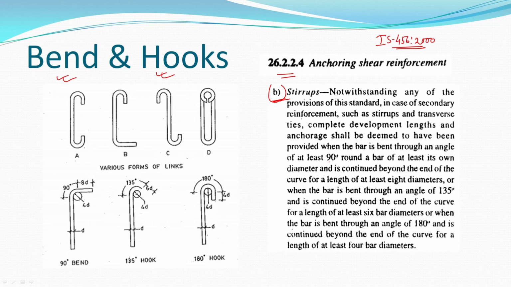So what are those specifications? Look here, 90 degree, 135 degree and 180 degree, these three values are given. Considering these three values, I have shown you these three figures.